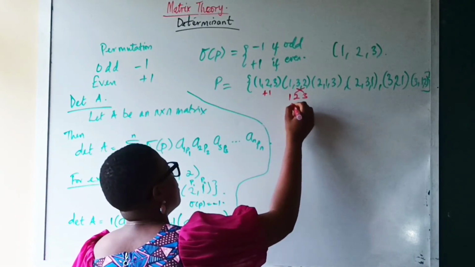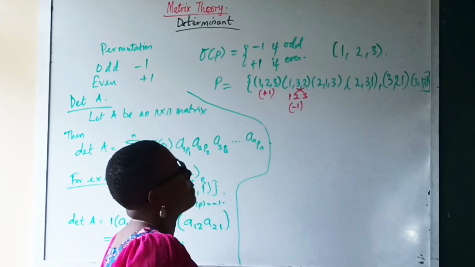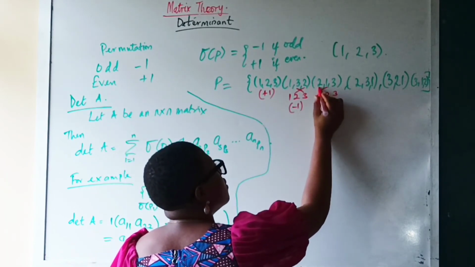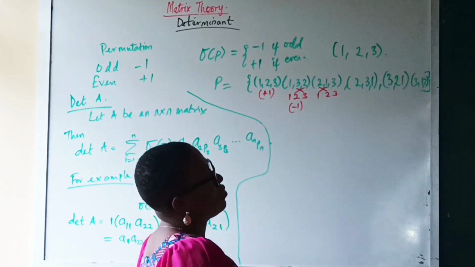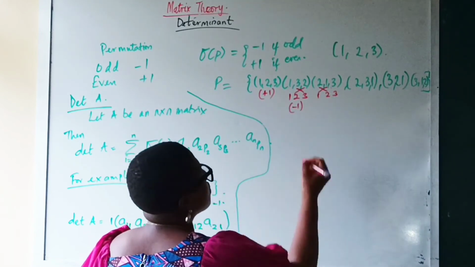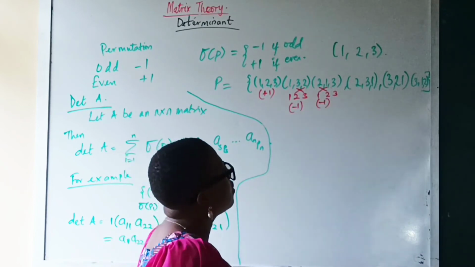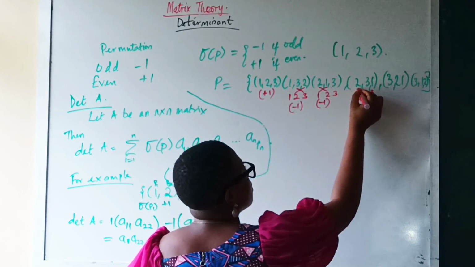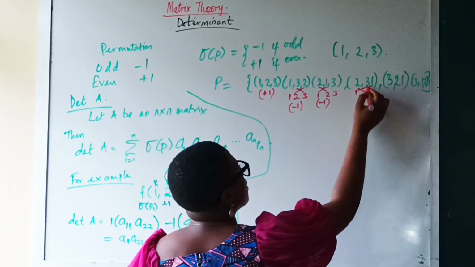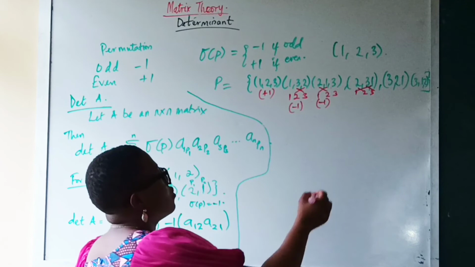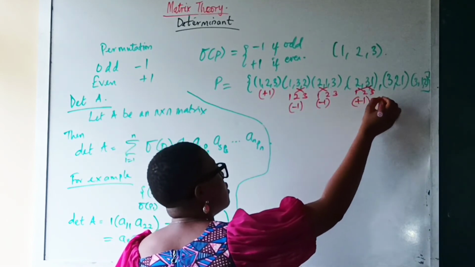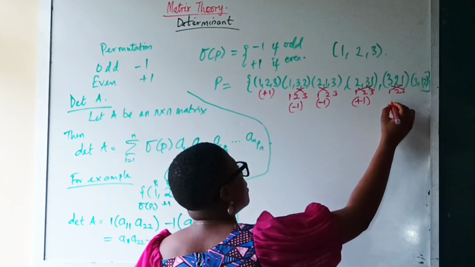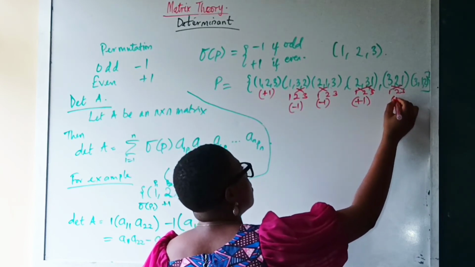So we have minus 1. If I do 1, 2, 3, that's just 2 swaps, plus 1, so this is minus, right? The same thing, 1, 2, 3 to 2, 3, 1, 2 swaps, even. Plus 1. 1, 2, 3, cannot follow in the right way back. It's just 1, which is minus 1.